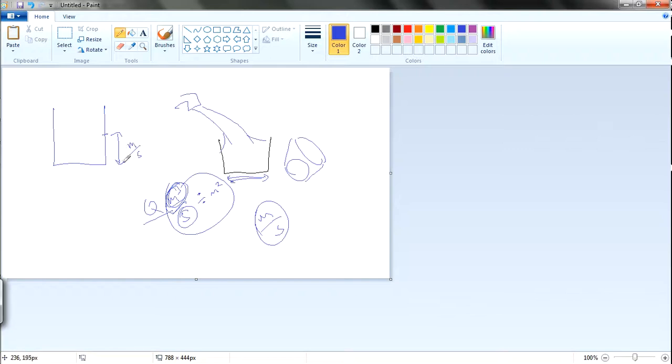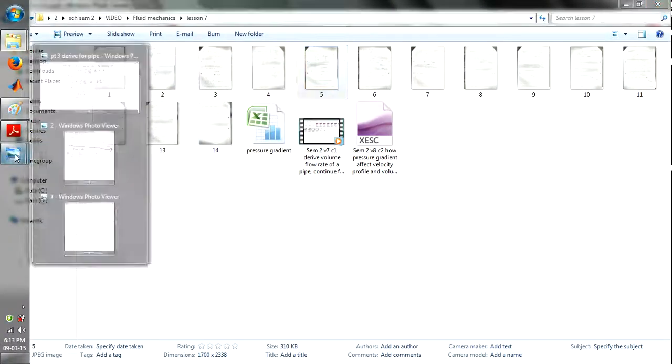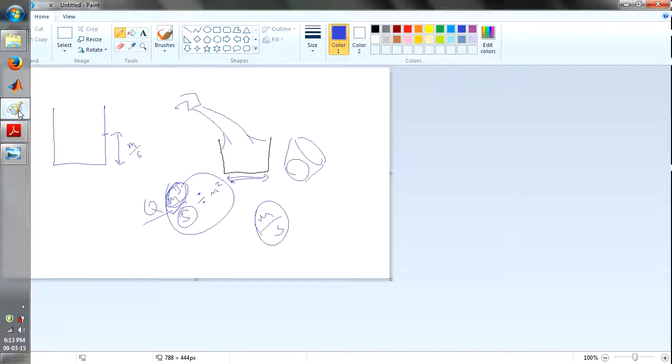This is just an example analogy, but it can be applied to calculate the average velocity. It's a pretty good analogy. It's not by me, but by my lecturer, so it's pretty cool.